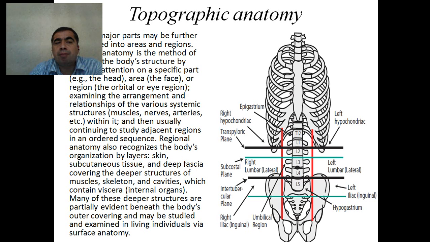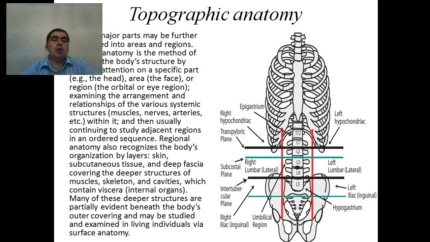Regional anatomy is the method of studying the body structure by focusing attention on a specific part, head, area, the face, or region, the orbital or eye region, examining the arrangement and relationships of the various systemic structures, for example, muscles, nerves, arteries within it, and then usually continuing to study adjacent regions in an ordered sequence.